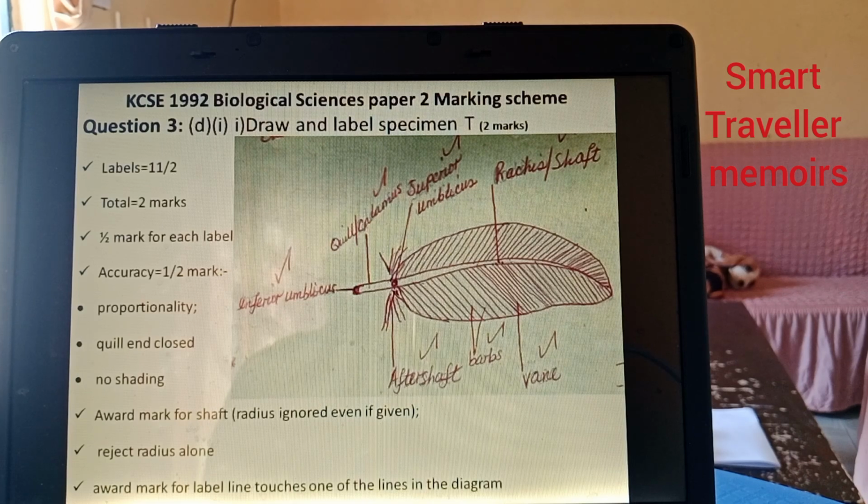A 1 mark for shaft, rachis ignored even if given. Reject rachis alone. I want a mark for label line if it touches one of the lines in the diagram.